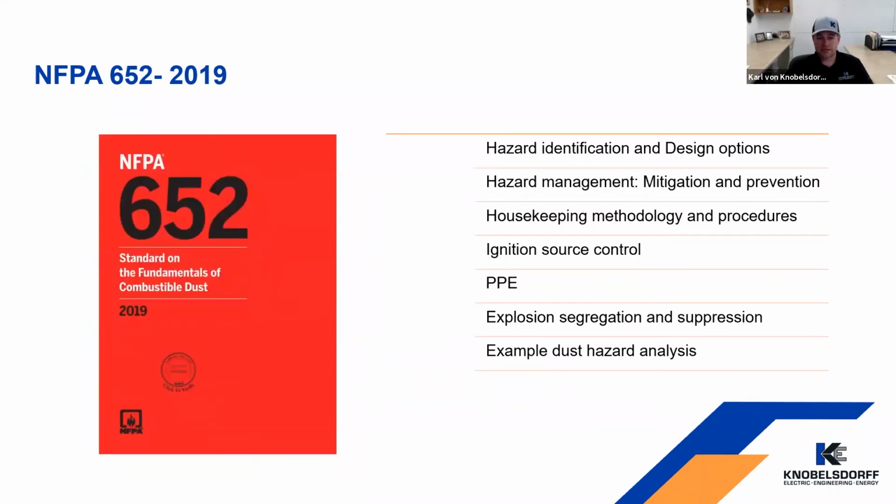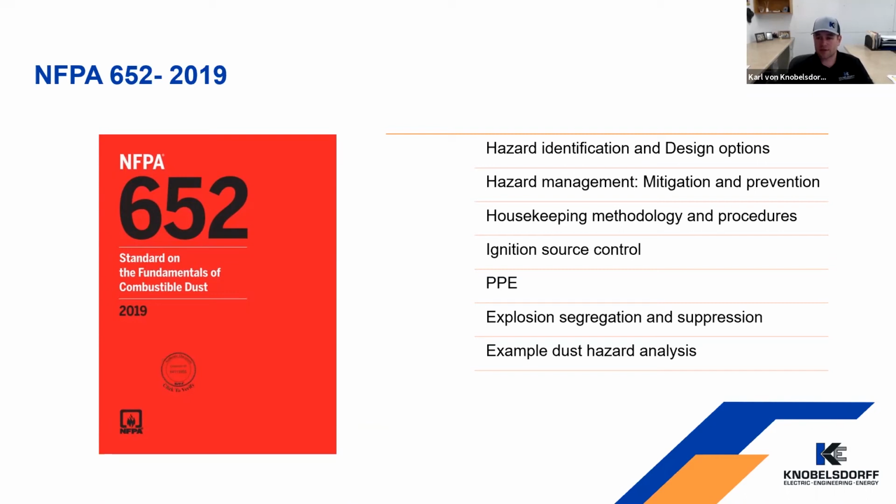They'll be using NFPA 652, which covers the standard on fundamentals of combustible dust. So this looks at hazard identification, design option, hazard management, including mitigation and prevention, housekeeping methodology and procedures, ignition source control, PPE requirements, explosion segregation and suppression, and dust hazard analysis.